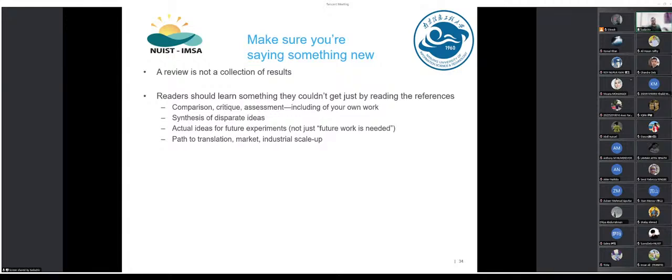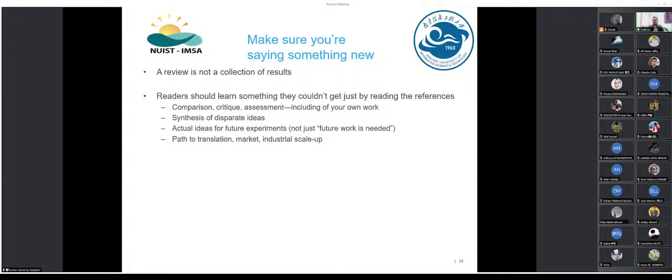Now, as I said earlier, a review is not a collection of results. You do not read 10 papers, get one particular result in every paper, and then write those 10 results in your paper. That is totally wrong, and if you write that kind of stuff, it's very difficult to publish.